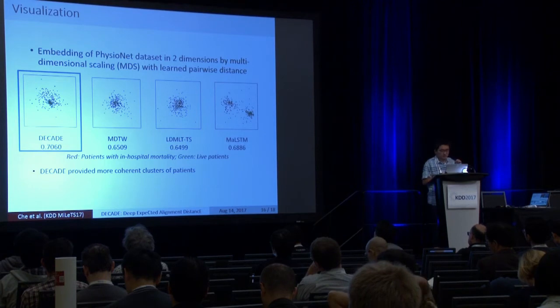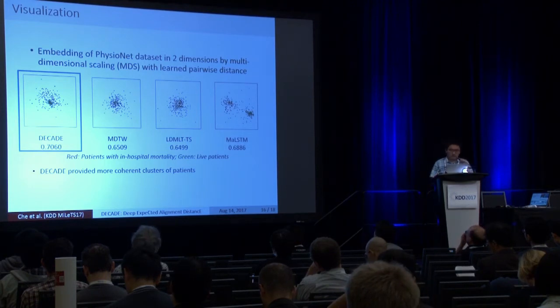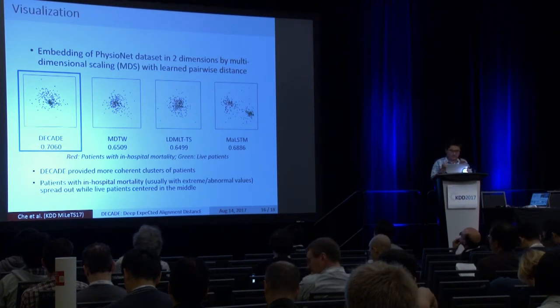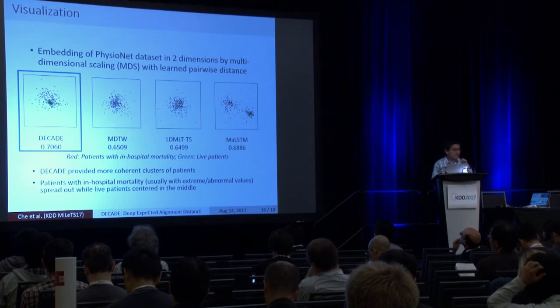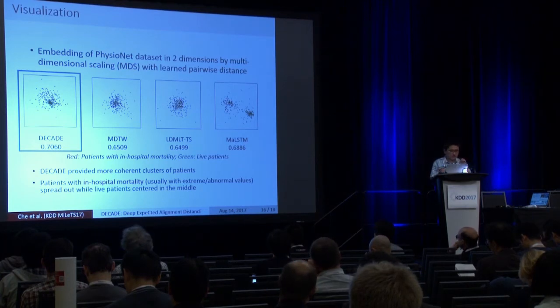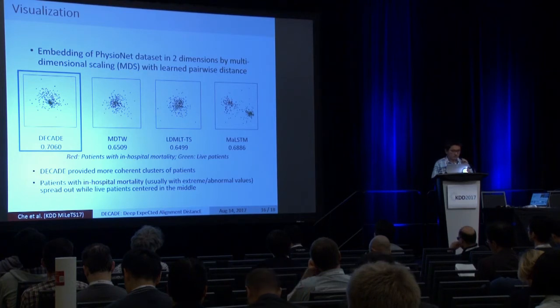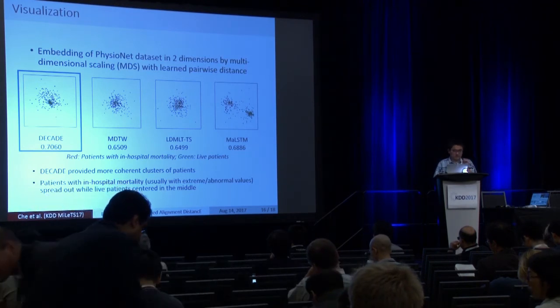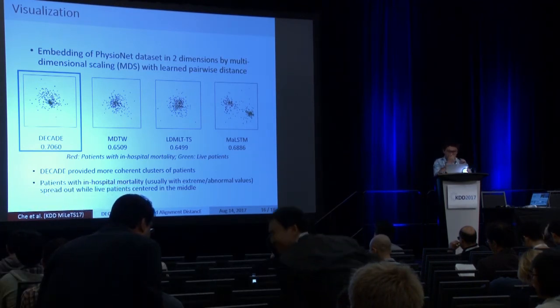And also, because we know that for the patients with in-hospital mortality, their records usually come with extreme or abnormal values. So our DECADE model can successfully spread out all the patients with in-hospital mortality, which can be treated as anomaly samples, while keeping the normal patients centered in the middle.